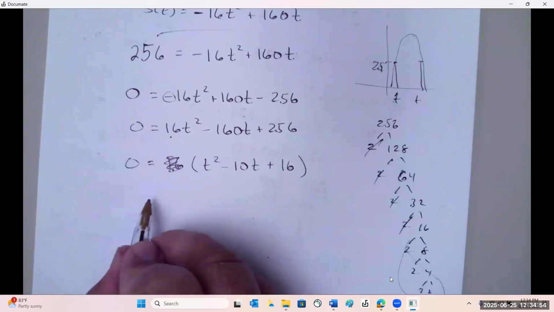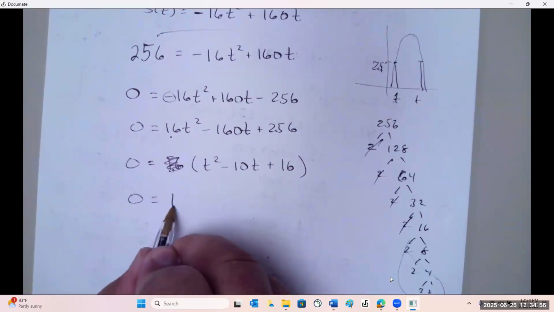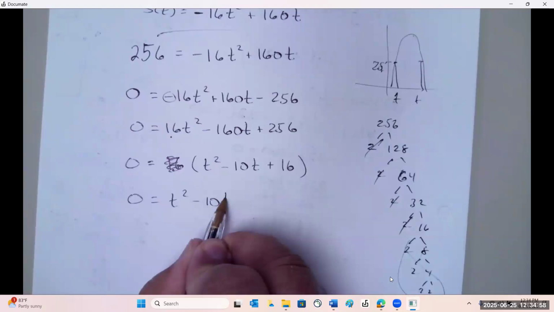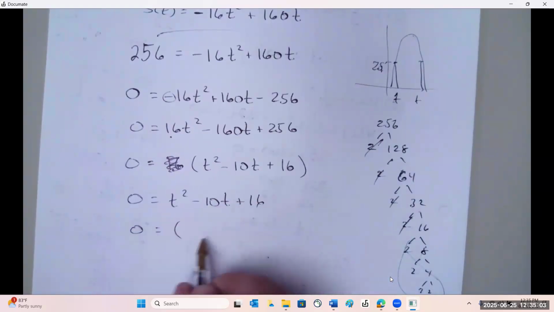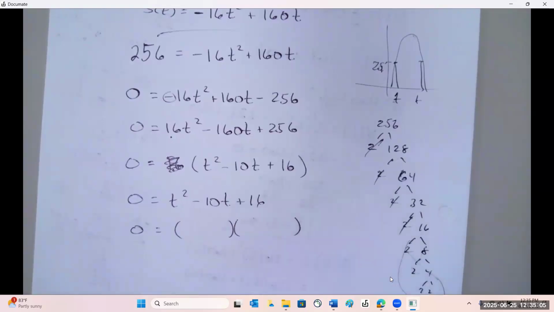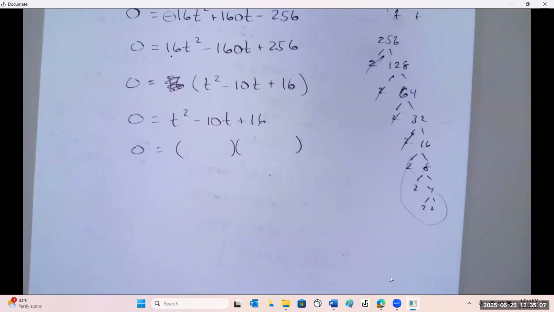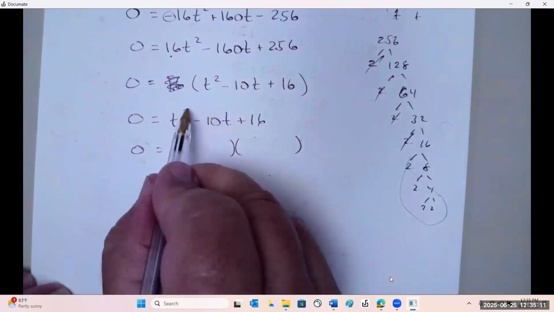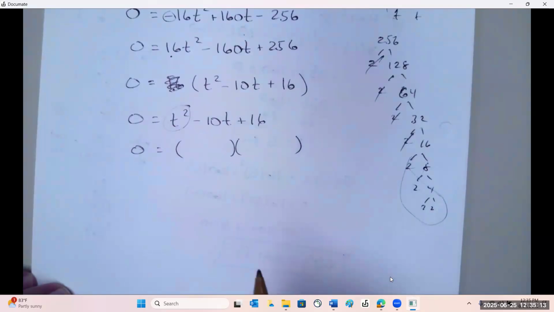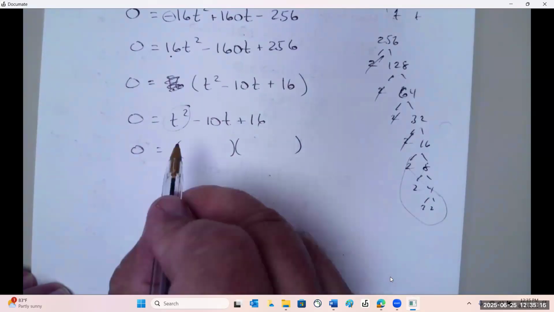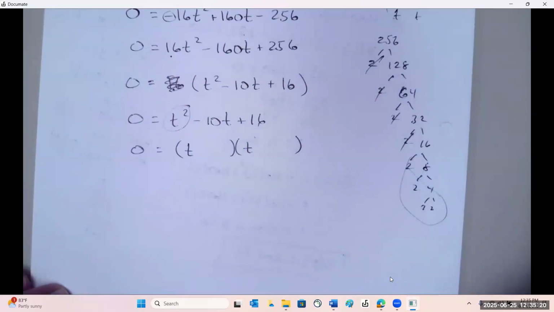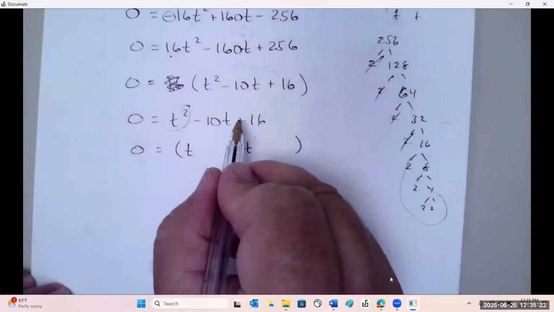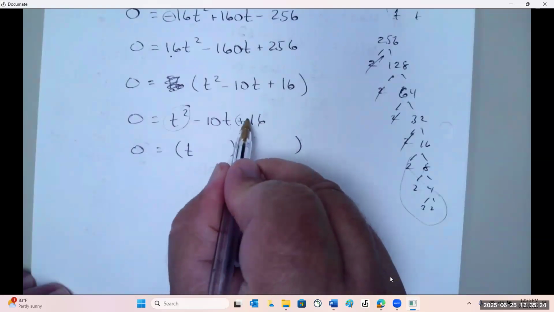So our function we're looking at is that. So that's factor. Where does t squared come from? T times t. What do we know about the signs? Look at the second sign. It's a plus.